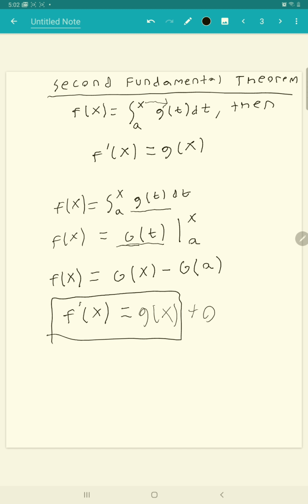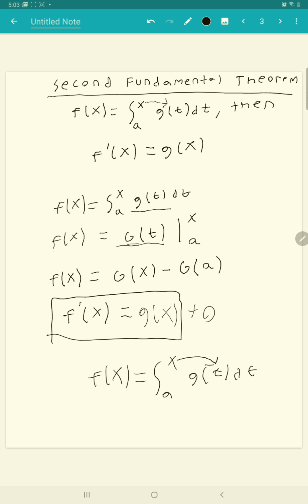And what we will see is that to find the derivative of a function defined by an integral, we will simply plug the upper bound into this quote-unquote dummy variable. So let me explain why we're using a t here.